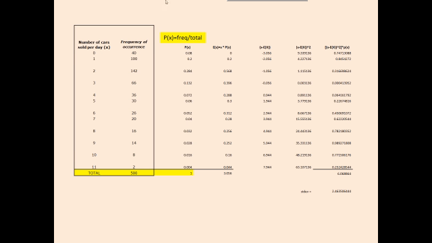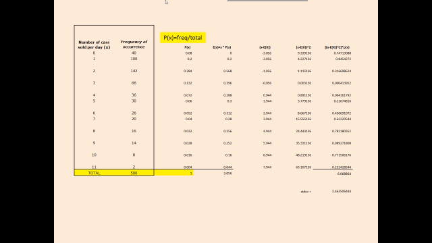So I can start off by getting the deviations. So that means each x, each outcome, subtract the expected value. Now I've already worked out the expected value, it's 3.056. So I'm going to go through my number of cars sold per day, so my x's, and I'm going to subtract 3.056 from each. So we see in the first row of that column, 0 minus 3.056 gives us negative 3.056.